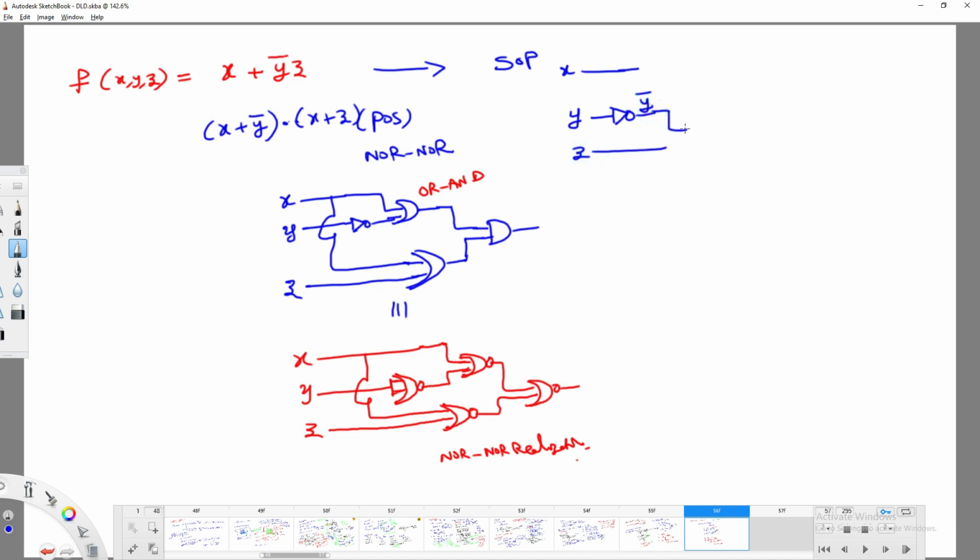And how can you get y bar z? You are going to have an AND gate, and from this you go to an OR gate. You get x plus y bar z.